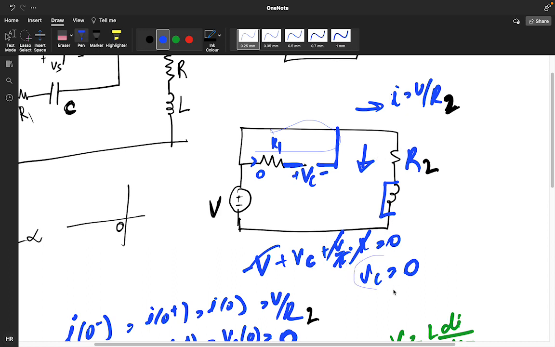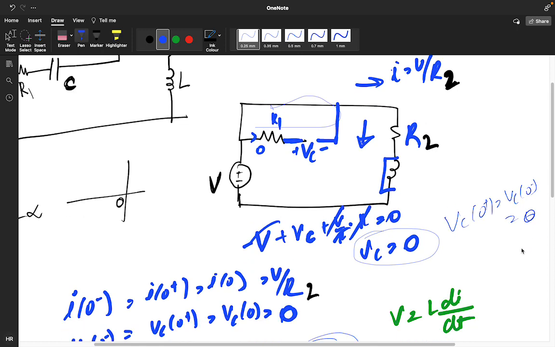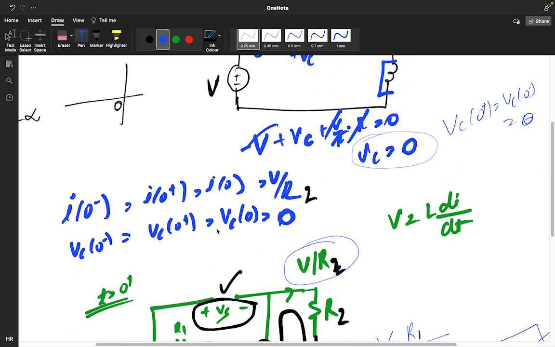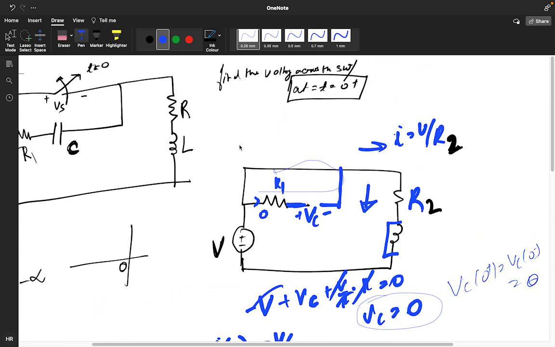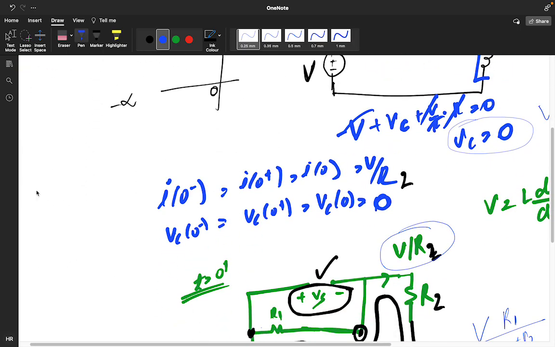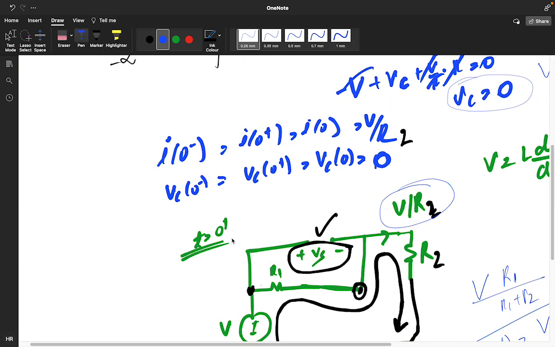You will get the Vc value is 0. That is Vc 0 minus value, it is 0. Now when this switch is getting open, you need to find the voltage across that switch.